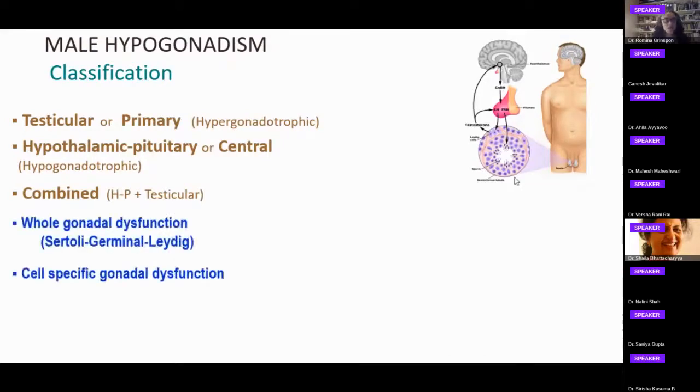Also, hypogonadism can affect all the testicular cell populations, that is a whole gonadal dysfunction, or it can affect only one population of testicular cells. And finally, hypogonadism can be classified as congenital or acquired, depending on the period of life in which it is established, and in fact, clinical consequences are different.